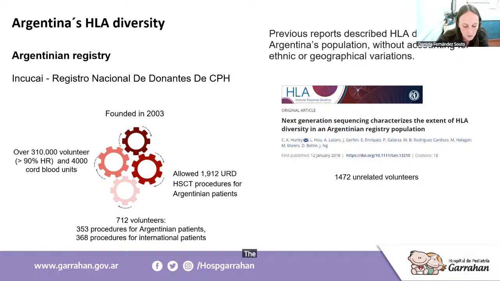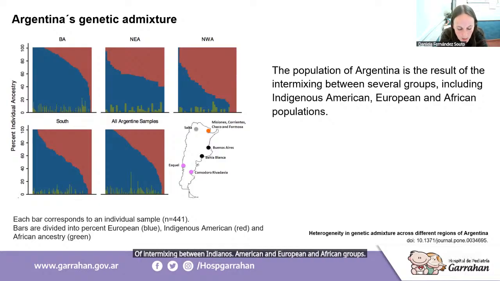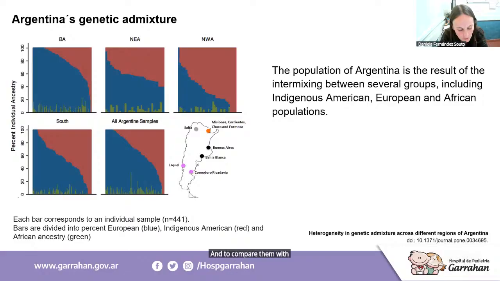The population of Argentina is the result of intermixing between indigenous American, European, and African groups. An interesting previous study used ancestry informative markers, or AIMs, to see how this genetic contribution varied across different regions in the country, and to compare them with what people reported about their grandfathers' origin.